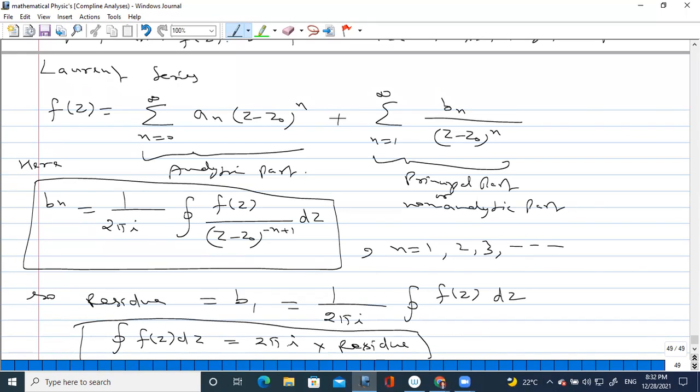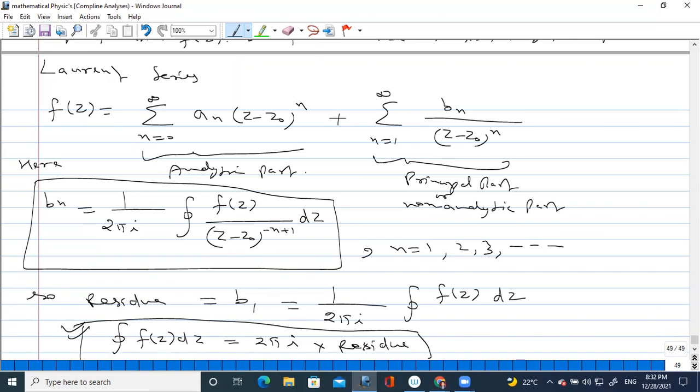Just 2 pi i into residue, and you can directly check the residue from the series. What is residue? That is the coefficient of 1 upon z minus z0. Directly you put it in this formula and you will find the integral. Let it be a very difficult integral, but by this method, if you know the Laurent series of that f(z), from that you find b1, the coefficient of 1 upon z minus z0. You find that, just multiply with 2 pi i.